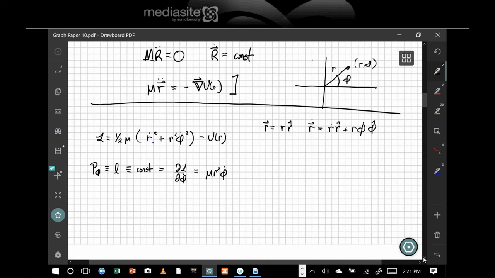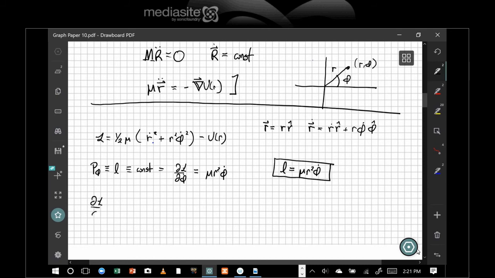However, look, the Lagrangian is cyclic in phi. So that means that p sub phi, which I'm going to define as L, is going to be a constant. So from there, that Lagrangian tells me the angular momentum is constant, and I expected that because space is isotropic.